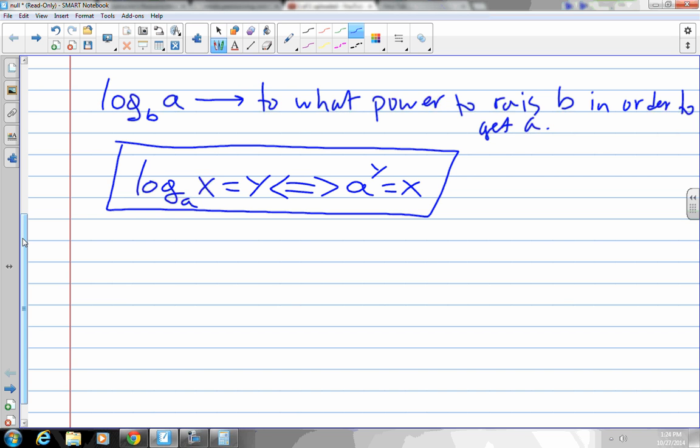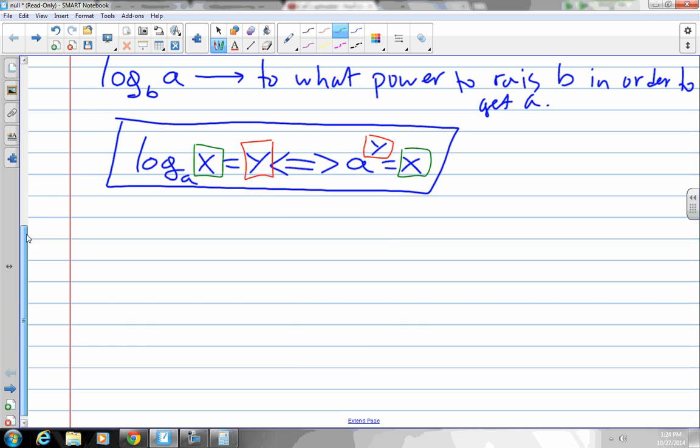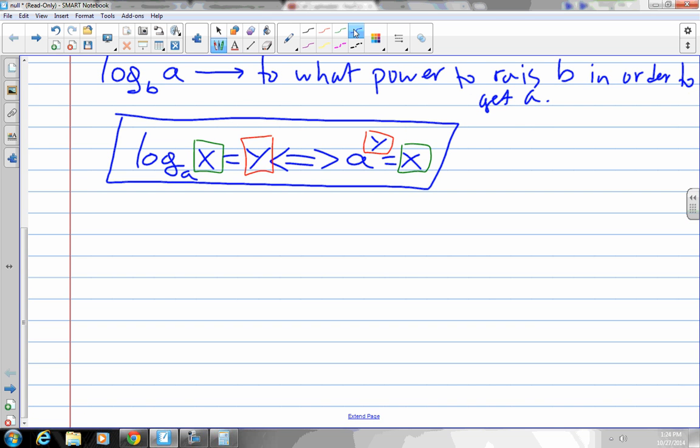The base stays the same. The value of the logarithm is the exponent. The input of the logarithm is the value in the exponential function. So x's and y's are kind of flipped from the inverse point of view.